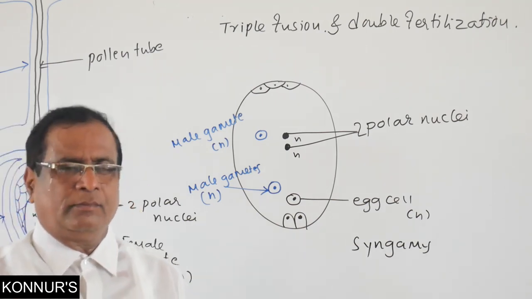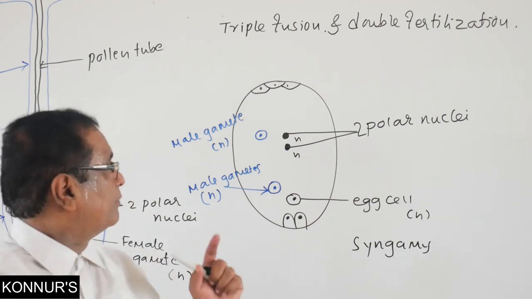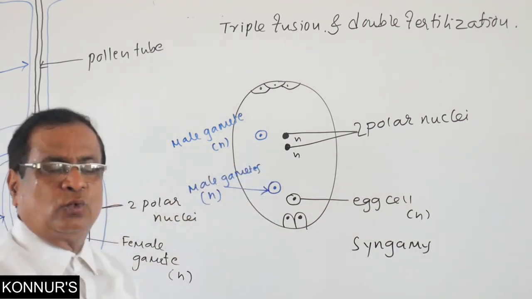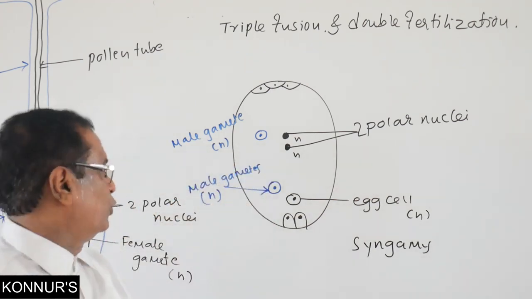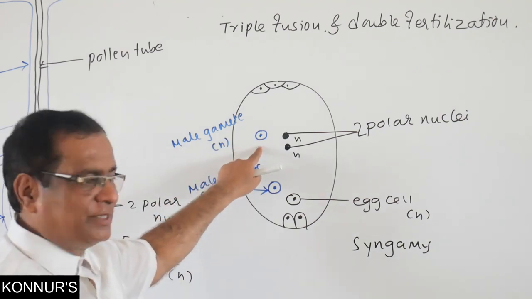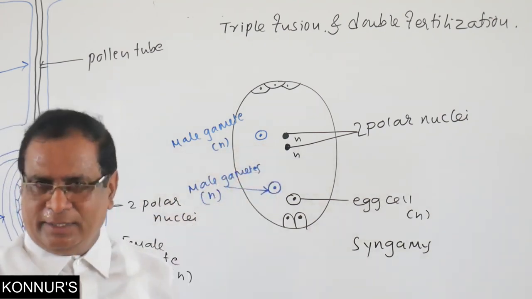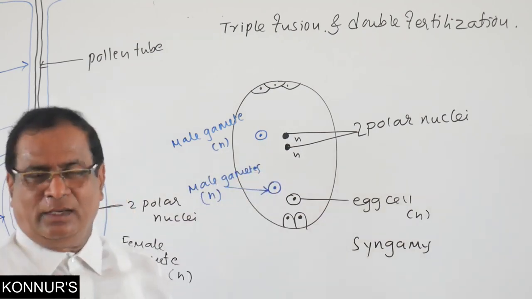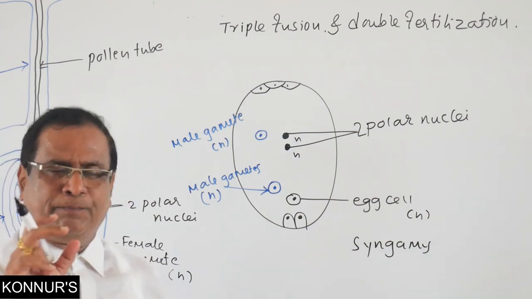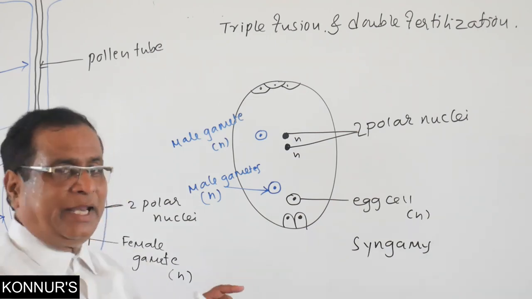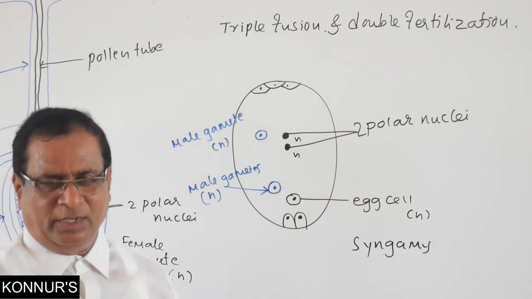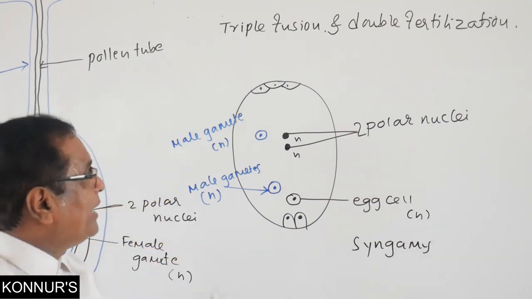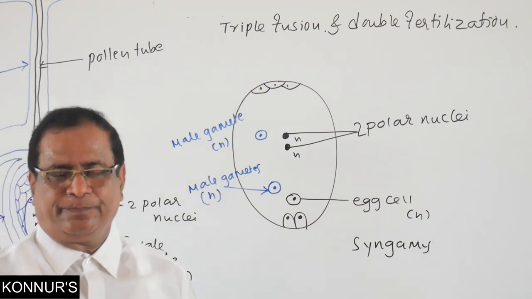Why? It is said to be triple fusion because three haploid nuclei get fused. Those are one male gamete and two polar nuclei. That is triple fusion, leading to the formation of a triploid primary endosperm nucleus. Then, why is it said to be double fertilization?